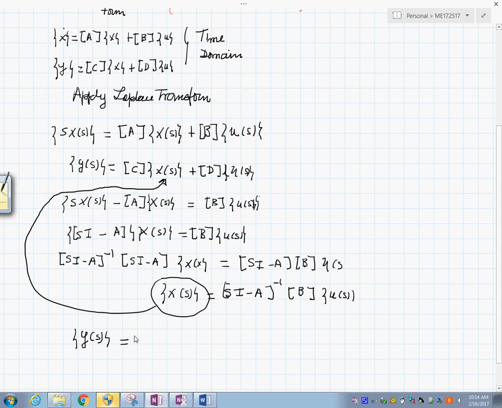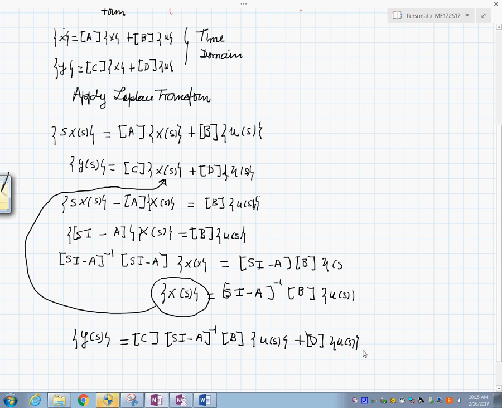So this is equal to the matrix C times (sI minus A) inverse times B times the vector U of s plus D times U of s.